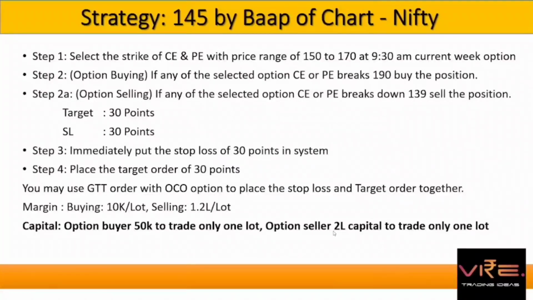Step 1, we select the strike prices with premiums between 150 and 170 in CE and PE, call side and put side, and we wait till either of the options breaks 190 rupees. After it breaks out and sustains, we will be buying that option.